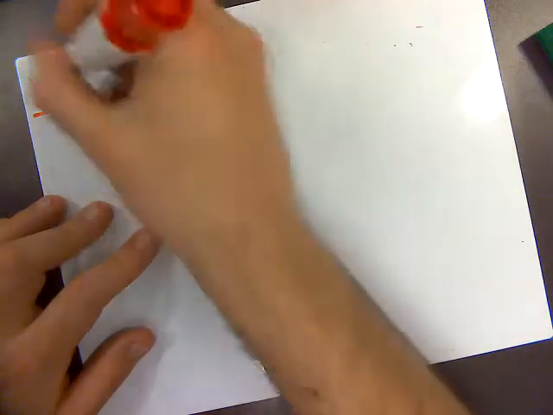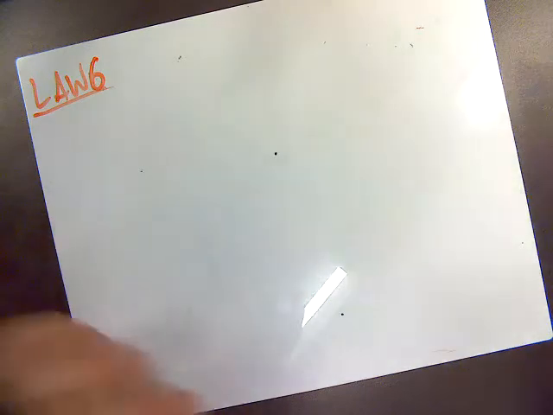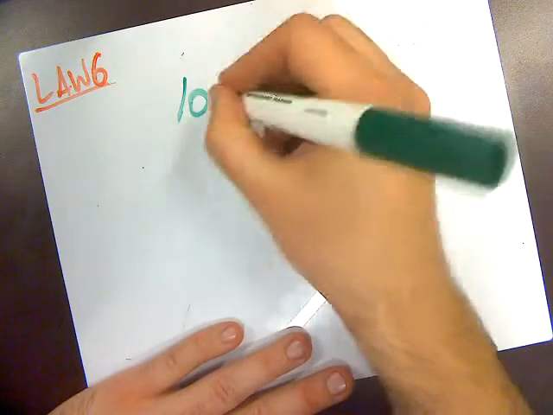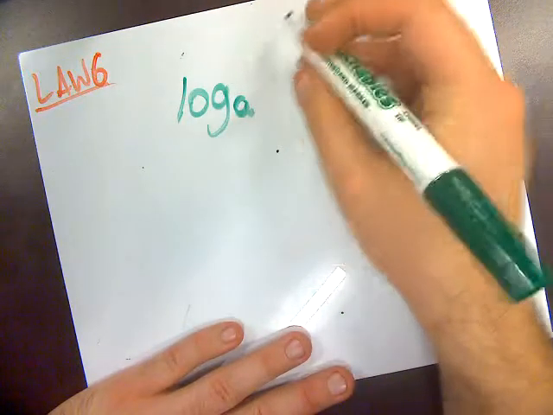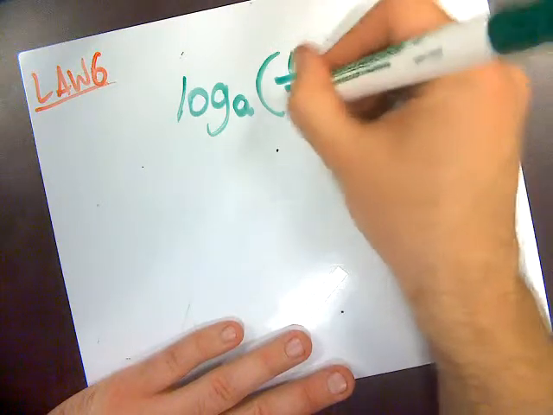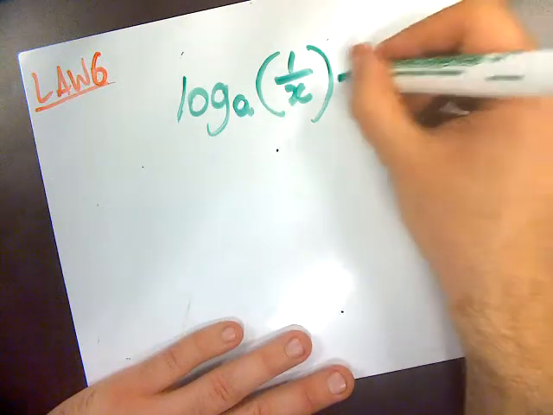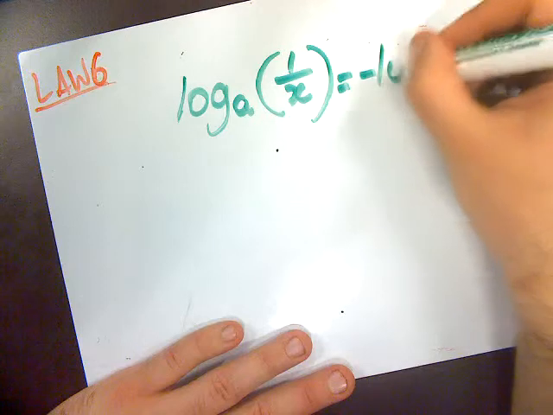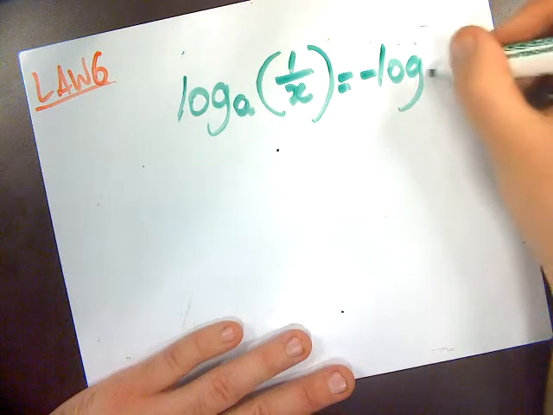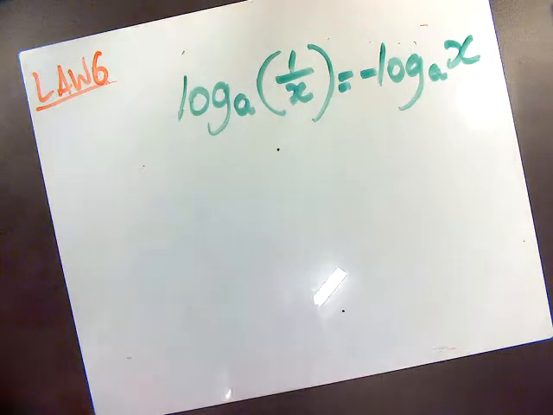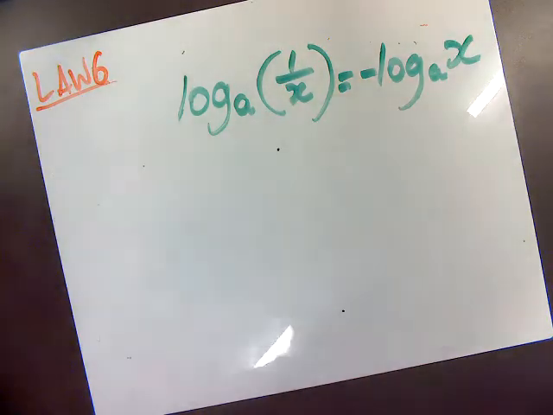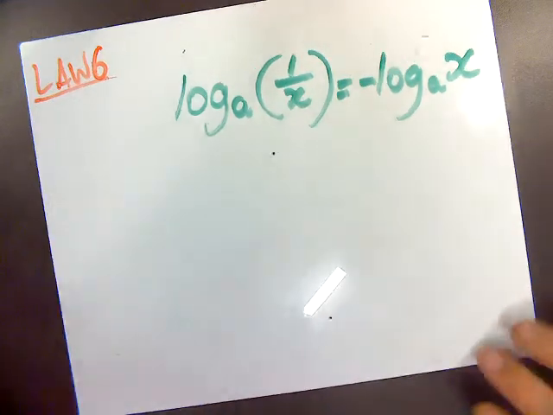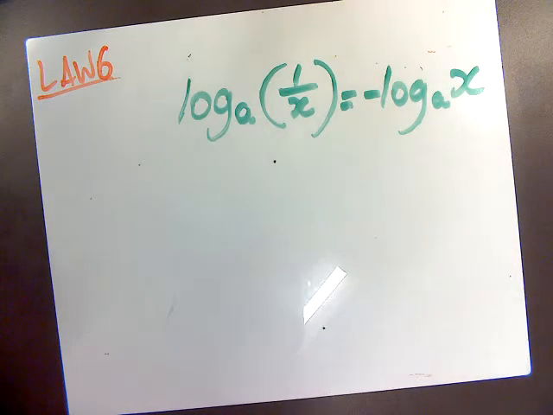Law 6. Now, law 6 says that logarithm to base a of 1 over x is always going to equal the inverse, so it'll be negative log base a of x.